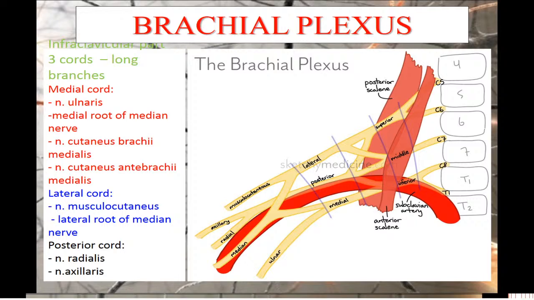The infraclavicular part of the brachial plexus is represented by the three cords mentioned above.